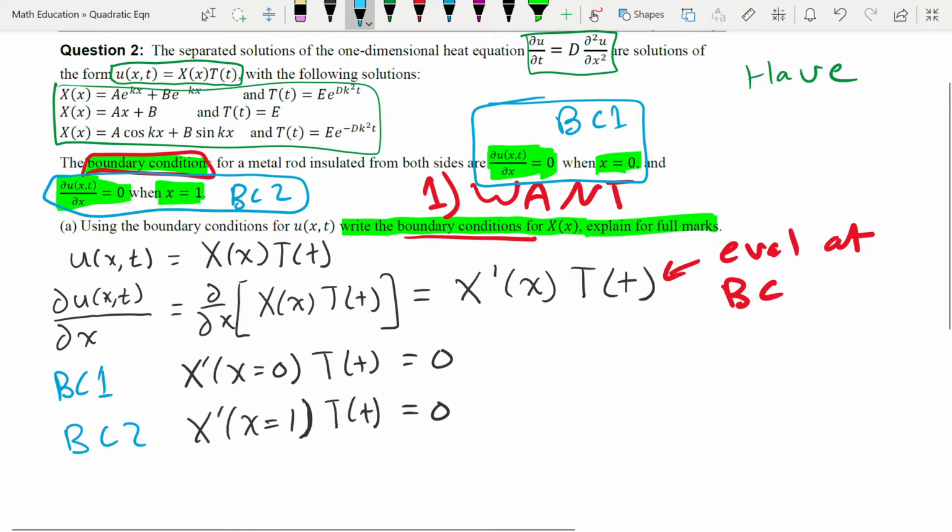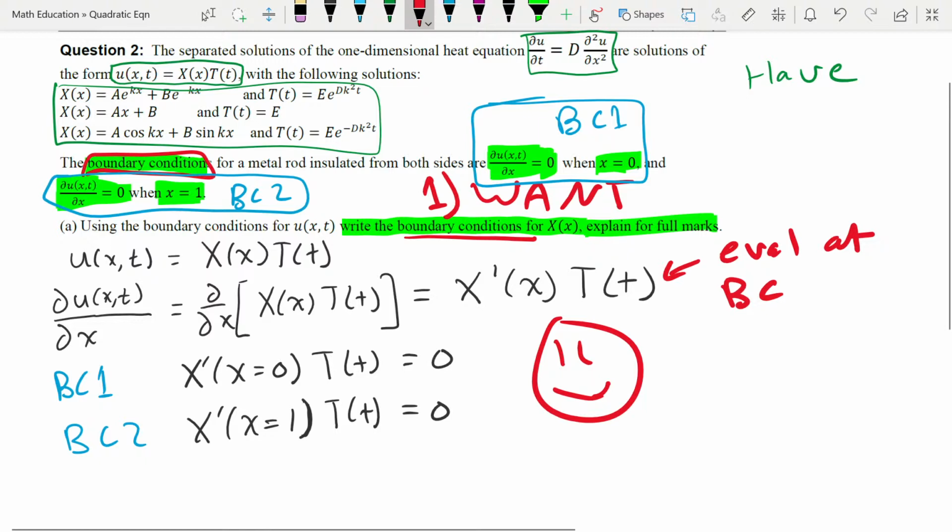So all we've done here is restate boundary condition 1 and boundary condition 2. Instead of in terms of u of x and t, we've used the separation of variables to express it in terms of our function capital X, and this turns out to be the derivative of that, and the function capital T. And that's the correct answer.